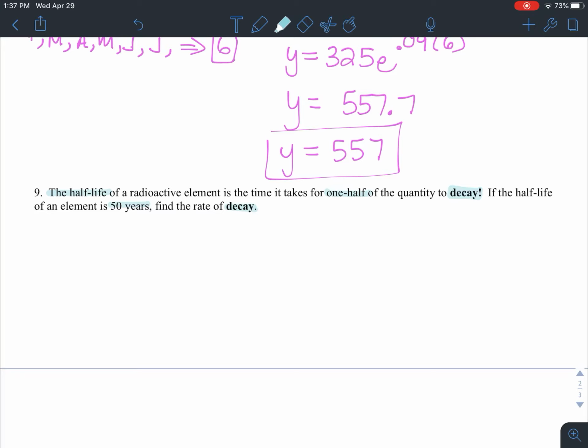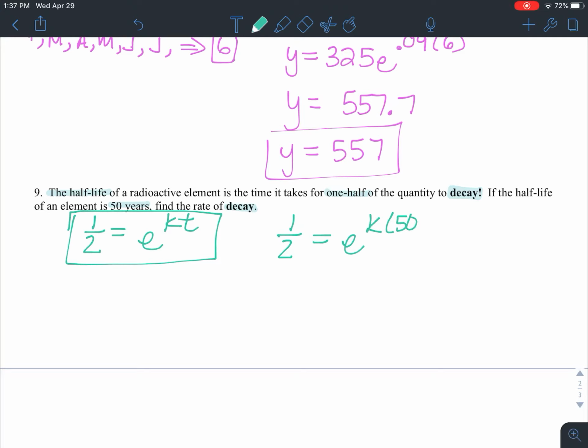So half-life, you should just know, you should set 1/2 equal to e to the kt. Just use that. That will be our half-life. So we have 1/2 equals e to the kt. We don't know our rate. We need to find that. But we do know our time, 50 years.